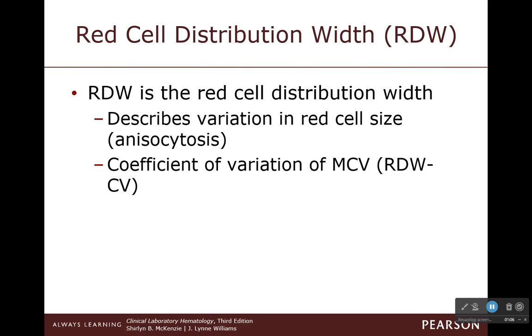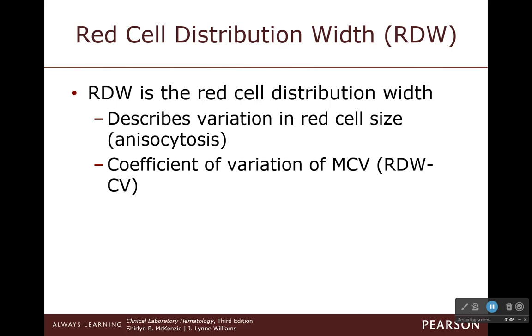So if you're looking at your CBC to start with, and you see an RDW greater than 14, usually it's going to be around 15 or 16%.